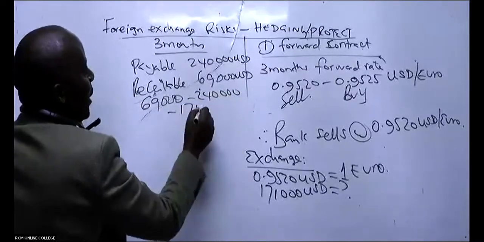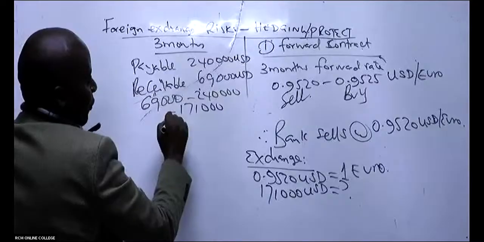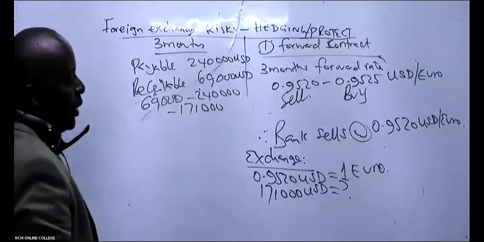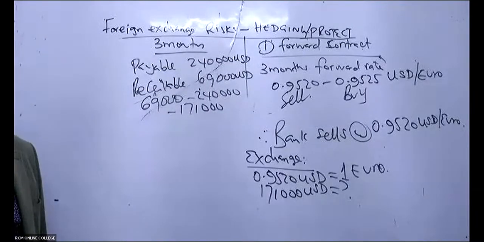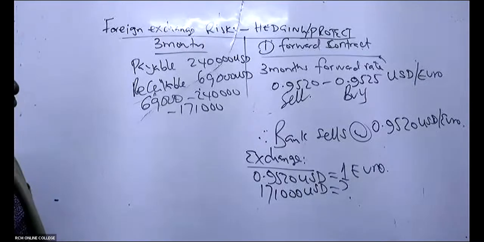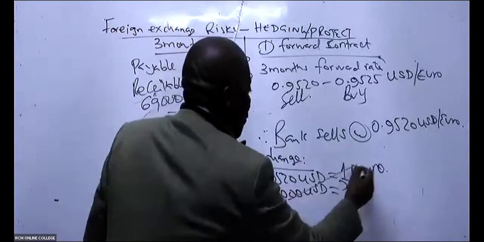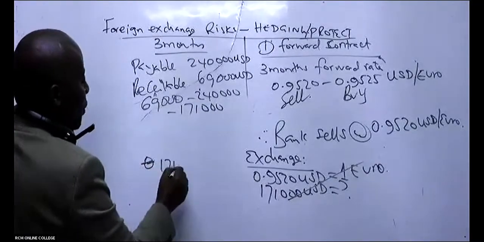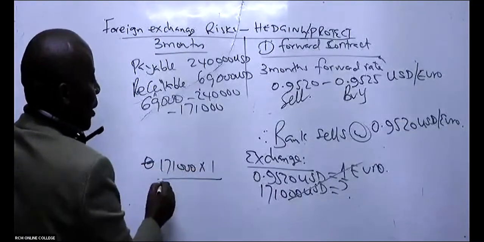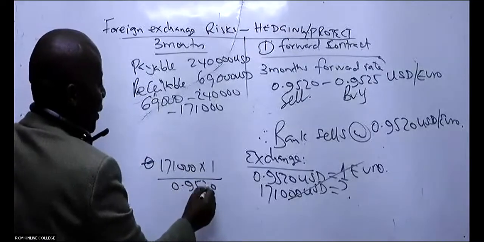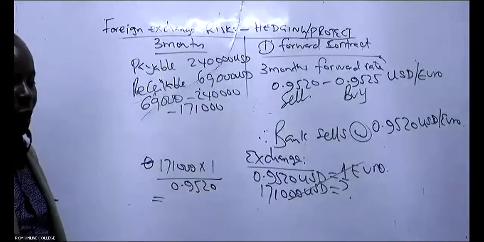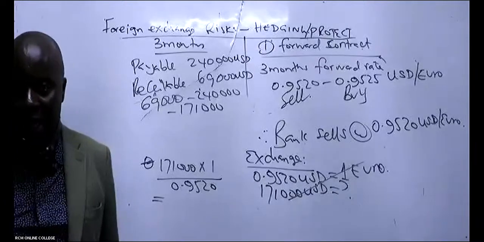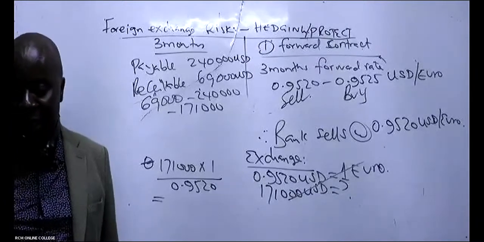We got minus 171,000. And because it's negative, it's a net payable in the form of US dollars. So you cross multiply. When you cross multiply, we are getting 171,000 times 1 over 0.9520. So at the end of the day, what figure are we getting?